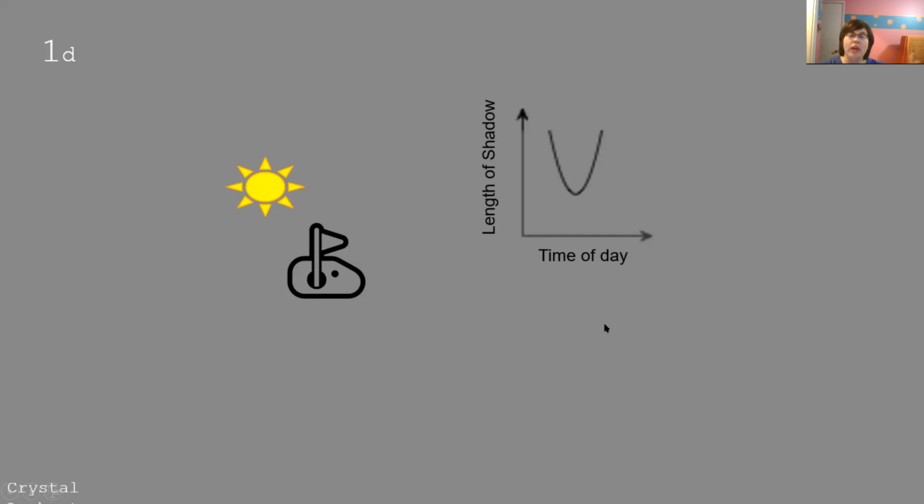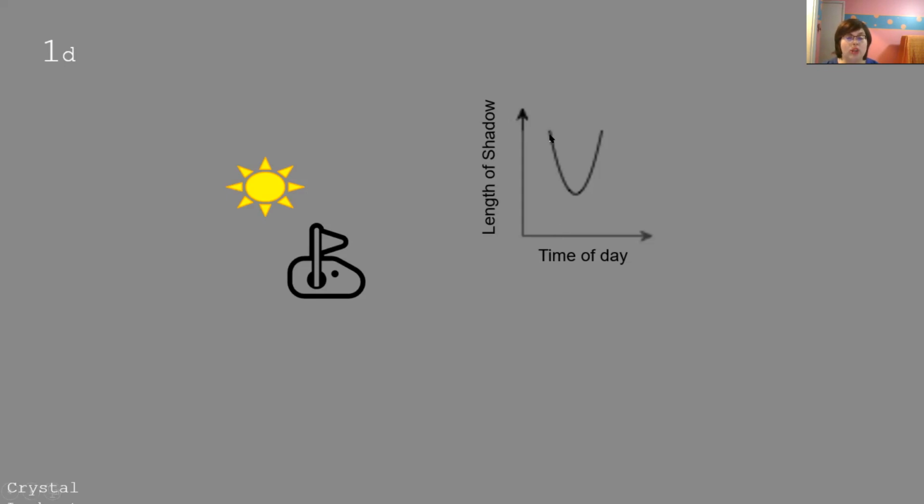In the morning, the sun's coming from the east, so what you're going to see is a long shadow going out. Then as the sun gets higher in the sky, our shadow shortens. Then when it's directly over us, we virtually have no shadow or none at all. Then as the sun starts setting in the west, our shadow gradually gets longer. So here, that's what we see.